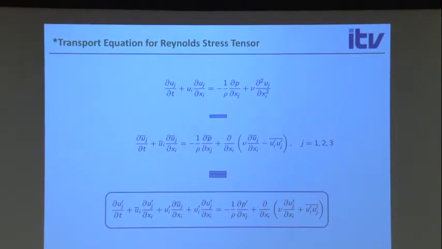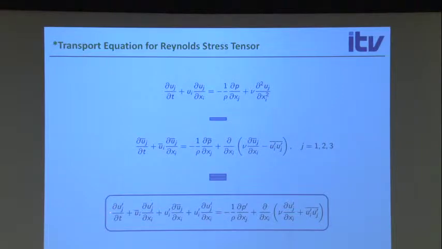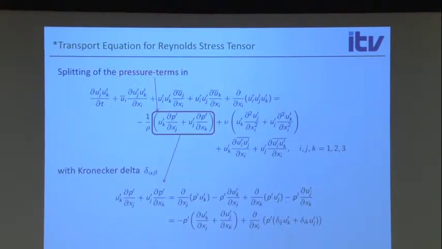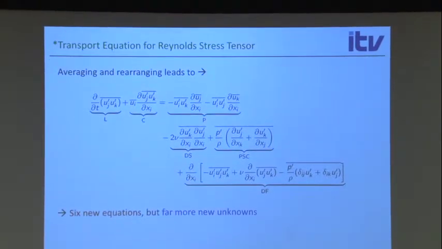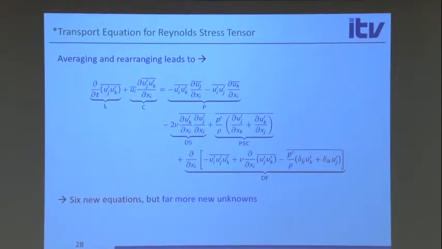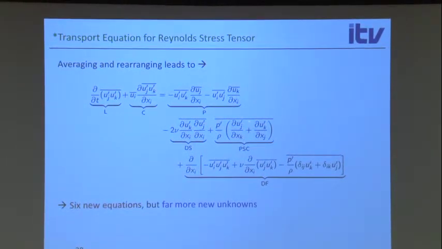Multiply this one here by ui prime, and from that you can get an equation for ui prime, uj prime. So it's not so difficult, and you see there's a little math involved. I mean, algebra, not complicated math. But at the end of the day, this is what we have. This is the equation, and you see a lot of terms here.